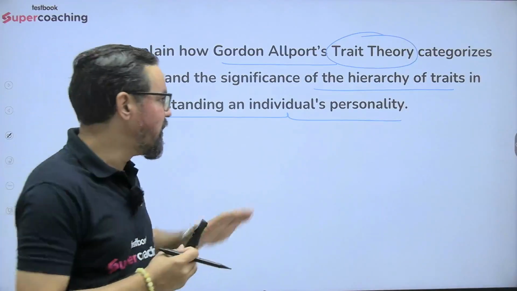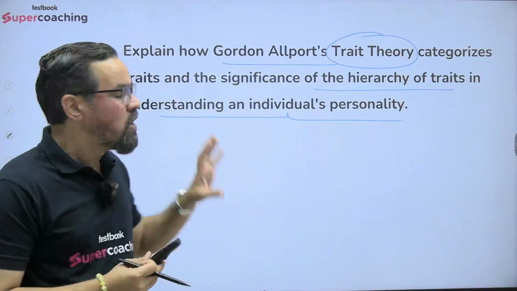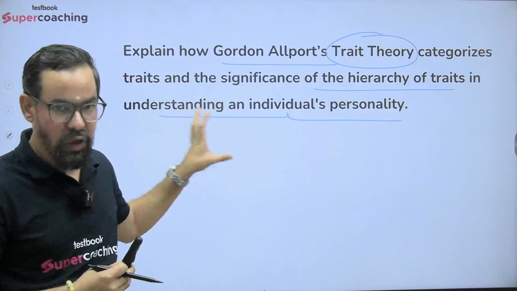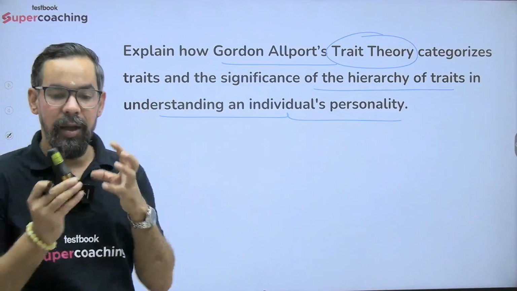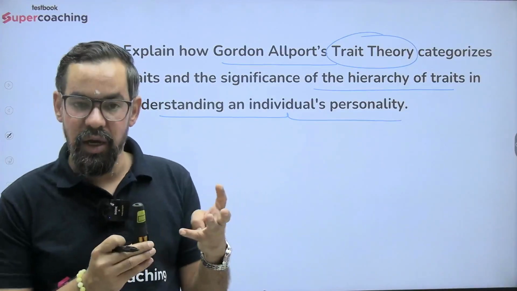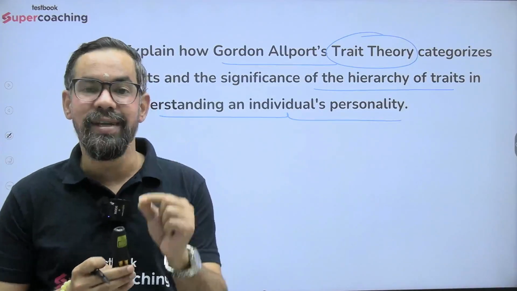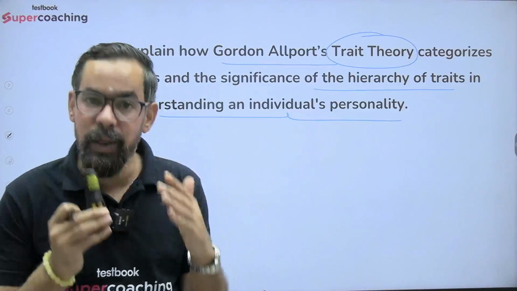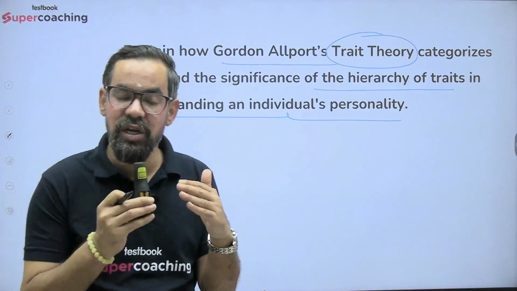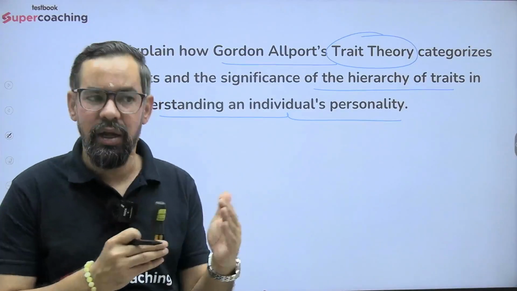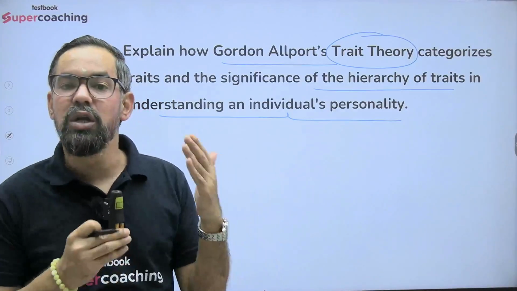So how will we write about this particular question? First, we will explain the trait theory of Gordon Allport, and the three major dimensions of this theory: the cardinal trait, one unique trait which explains the overall feature of that personality; the central trait, which surrounds the cardinal trait; and the secondary trait, also known as the situational trait.